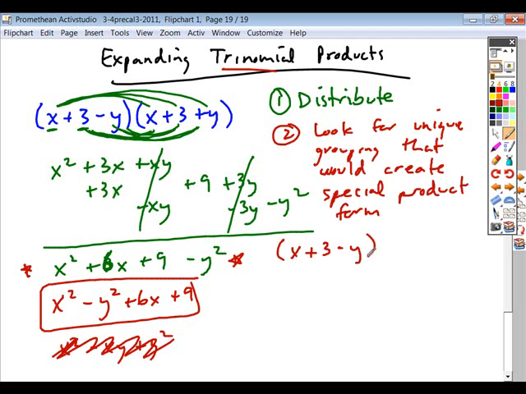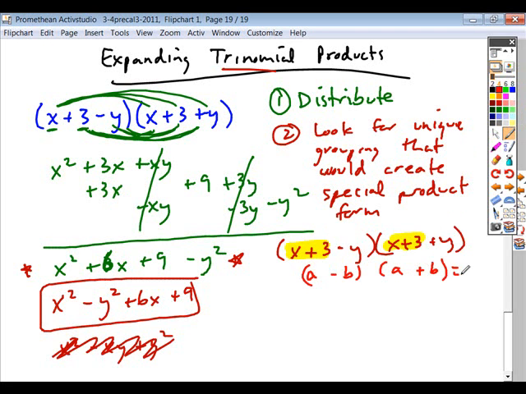what you might be able to see is if you grouped these first two terms together. So if I grouped x plus 3's together, really what you wind up with is this form of a minus b times a plus b.